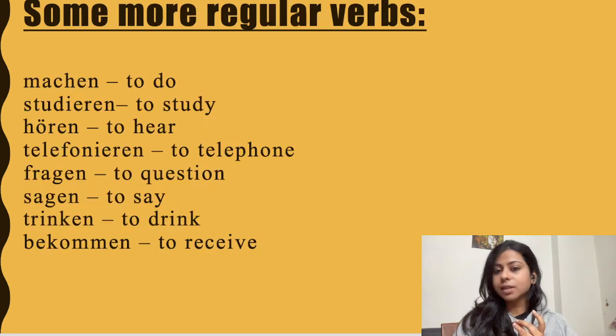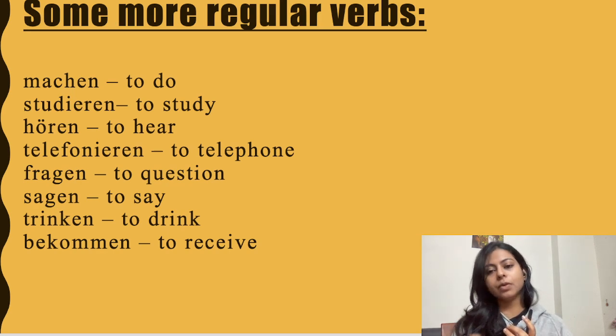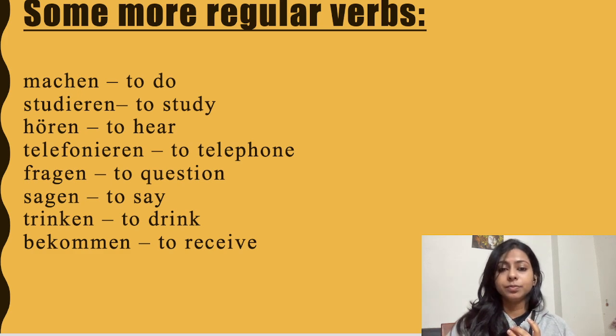Now there are some more regular verbs. These are some of them that I have listed down. There are many more. So here machen means to do, studieren is to study, hören to hear, telefonieren to telephone, fragen to question, sagen to say, trinken to drink, bekommen to receive.